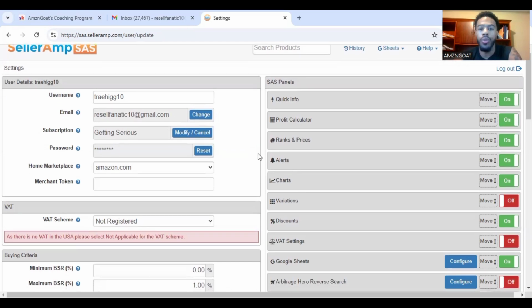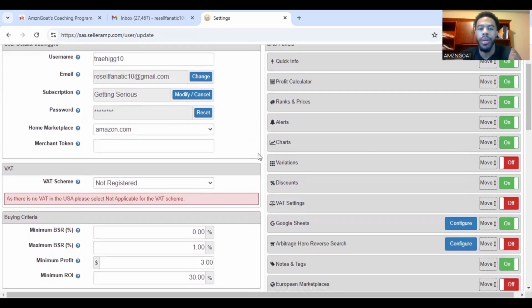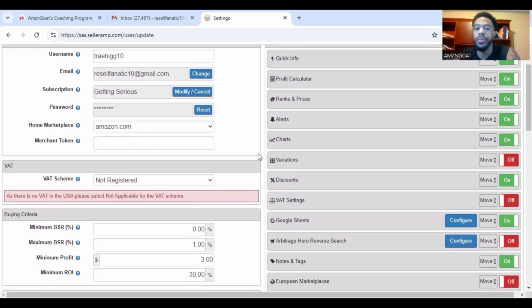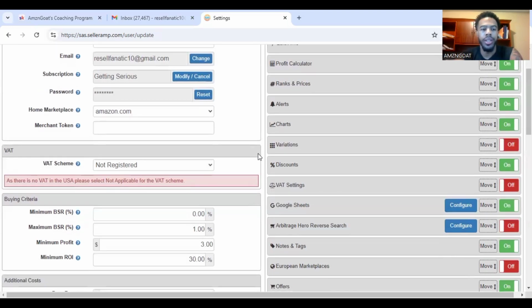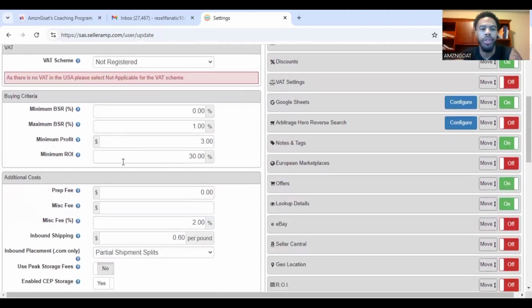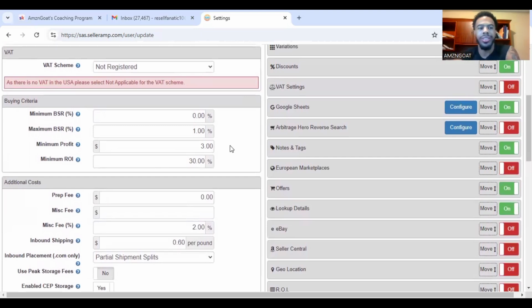And if you don't have your settings set up the right way, or if you are just using default settings and you never played around with the settings in the back end, you might be looking at numbers that are inaccurate. So right here, we see that we have a buying criteria. This is a section that is pretty important.